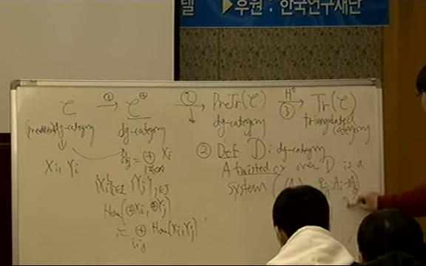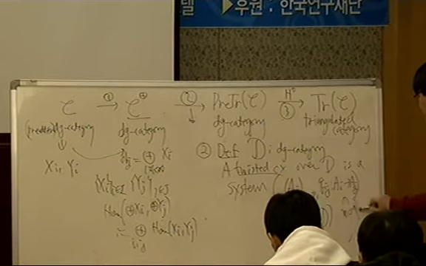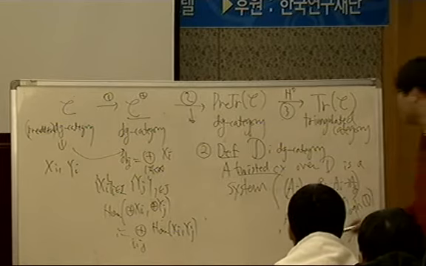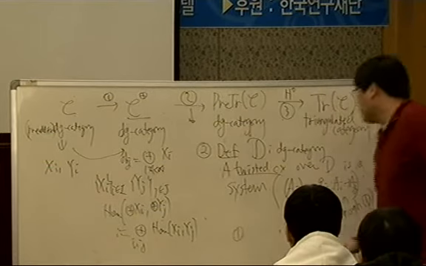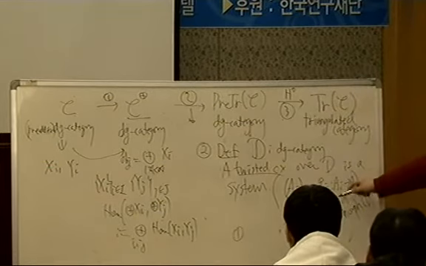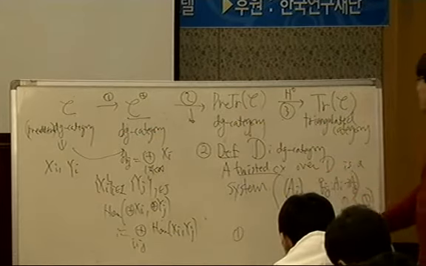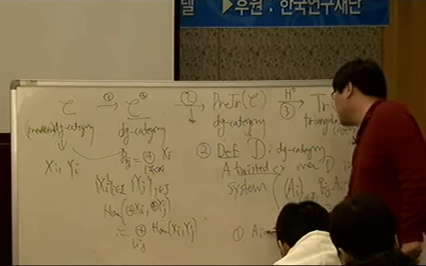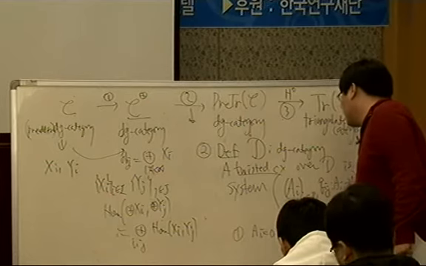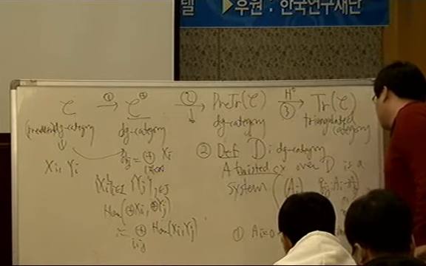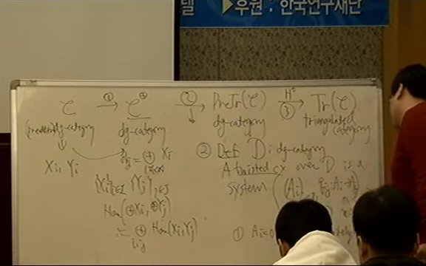This is a morphism in D, with the requirement that, first of all, Z has infinitely many indices, but we don't want infinitely many objects. So we require that A_i is 0 for all but finitely many i. So that's just fine.